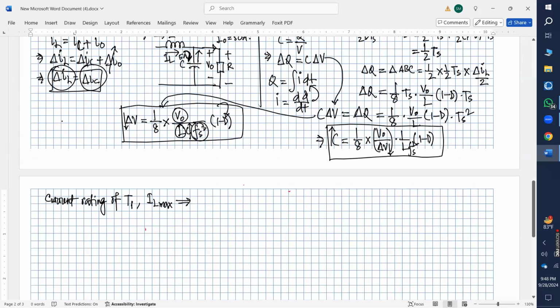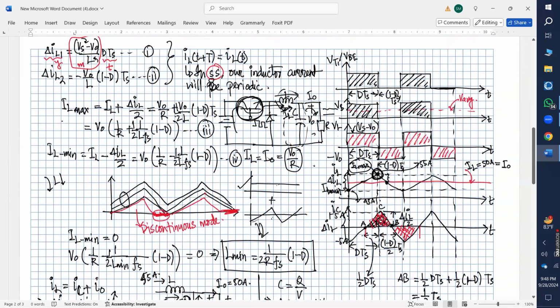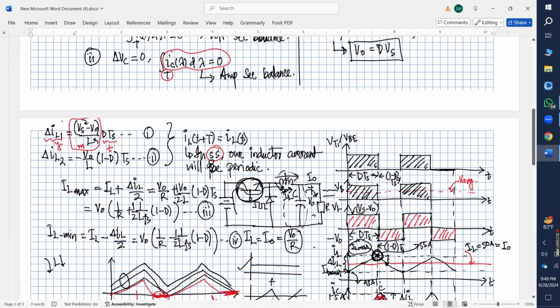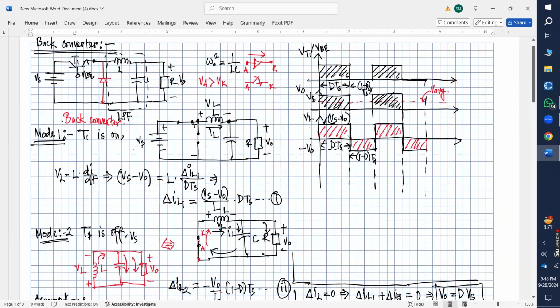What should be the value of the diode peak inverse voltage? When this switch is on, the diode will be turned off, right? Because it is in reverse bias position. So what should be the reverse bias across the diode?